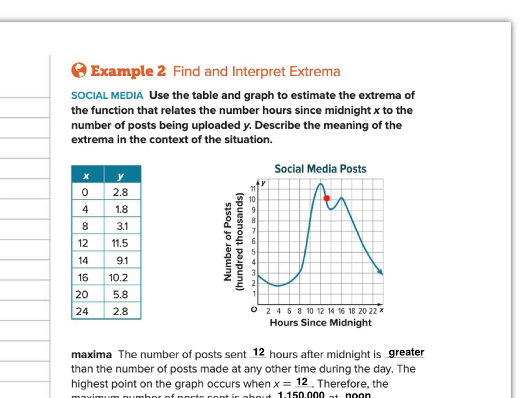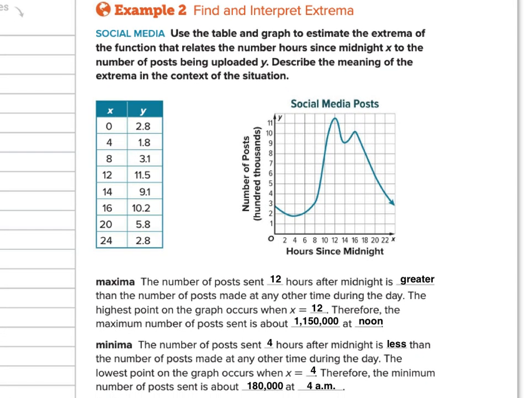Then we have a decrease, maybe people are eating lunch or something is keeping them busy, from noon to approximately 2. At 2 o'clock we start to see another increase, and then at 4 o'clock it seems to be another increase, and then after 4, social media posts continue to decrease until the next morning. So that's what we're being able to do, examine the understanding of maximums and minimums.